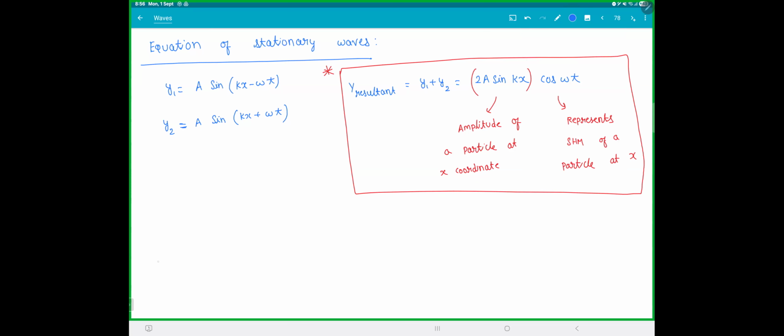So that means when you take the wave, this is x is equal to lambda by 2. This is x is equal to 0. You will observe different particles have different amplitude. This is 2a sine kx. So at a distance x from here, this particle has an amplitude 2a sine kx.